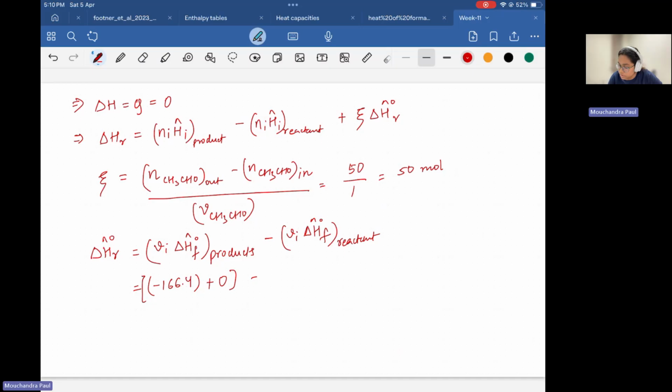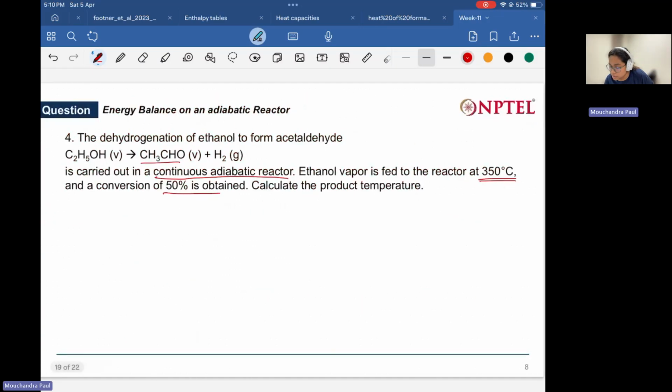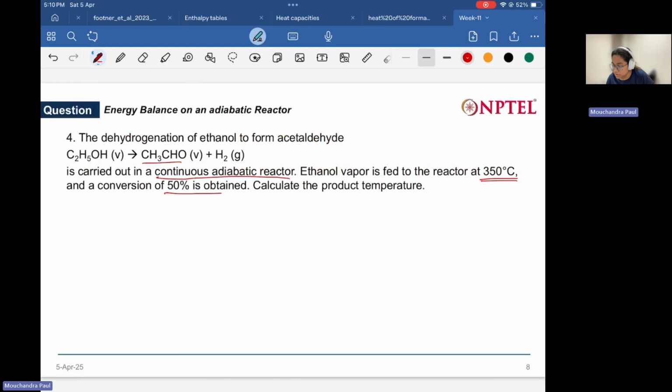Then in the reactants, there is only one component, which is ethanol.